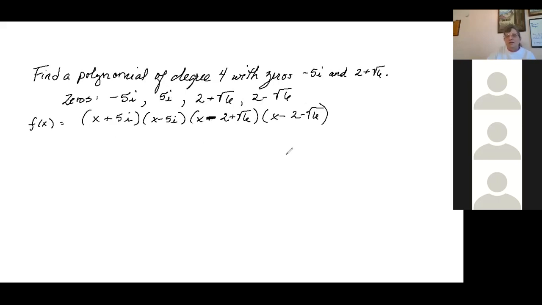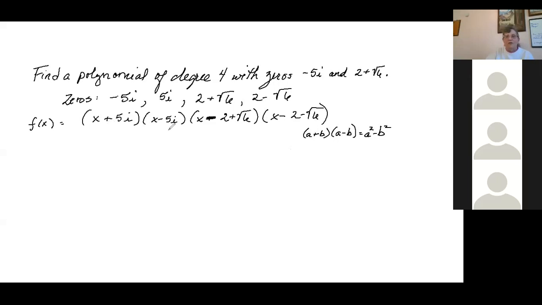Now, to multiply this out, there are a couple of shortcuts that'll help super muchly. You know that a plus b times a minus b is a squared minus b squared, right? Because when you FOIL it out, middle terms cancel.